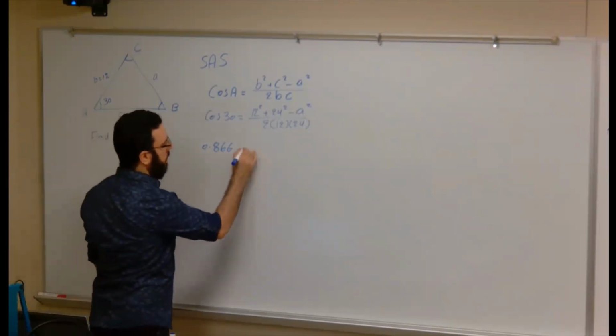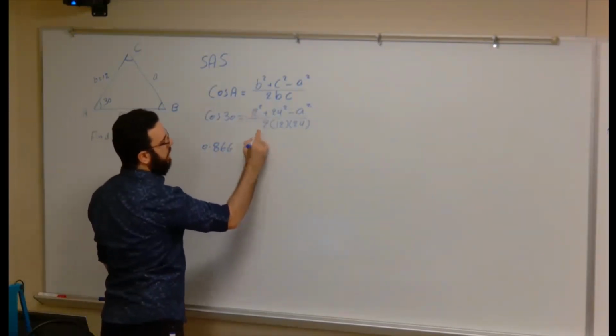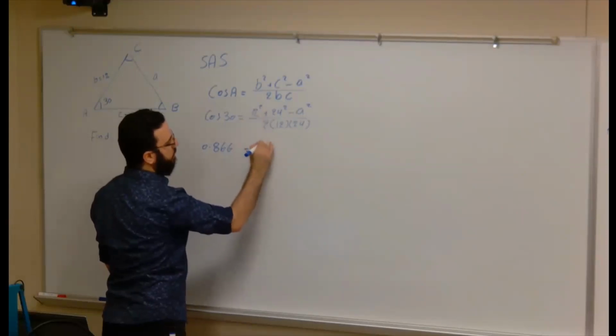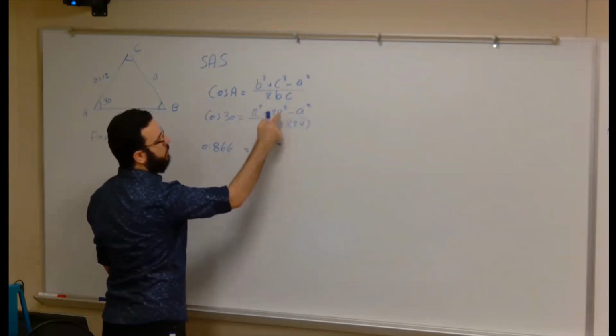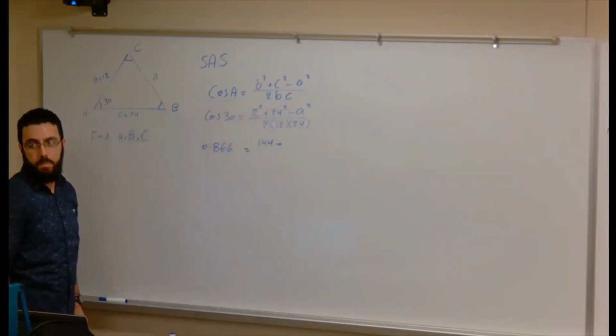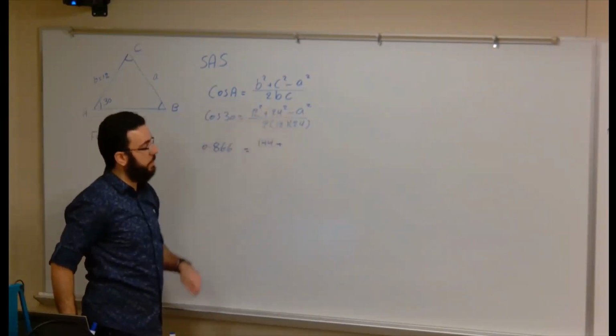Equal. This one, 12 squared is 144, plus 24 squared is what? You can add these together because these are two numbers. Let's add these together.